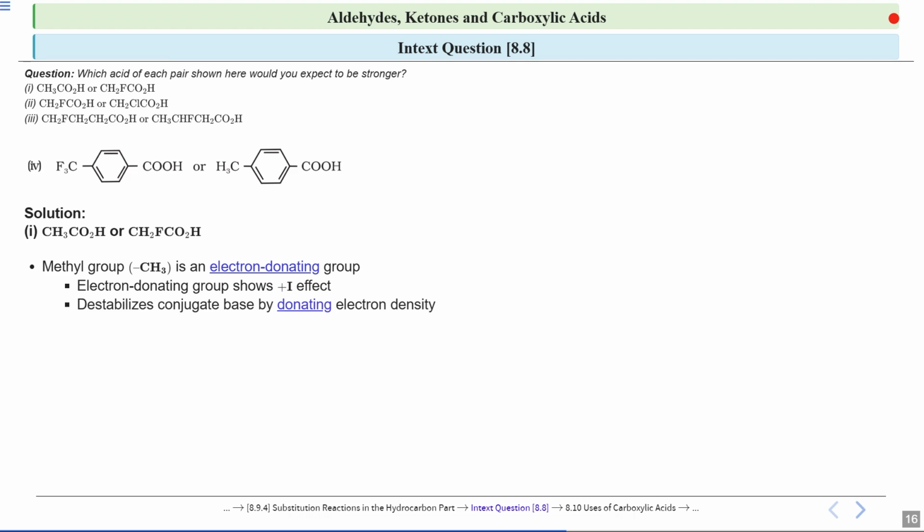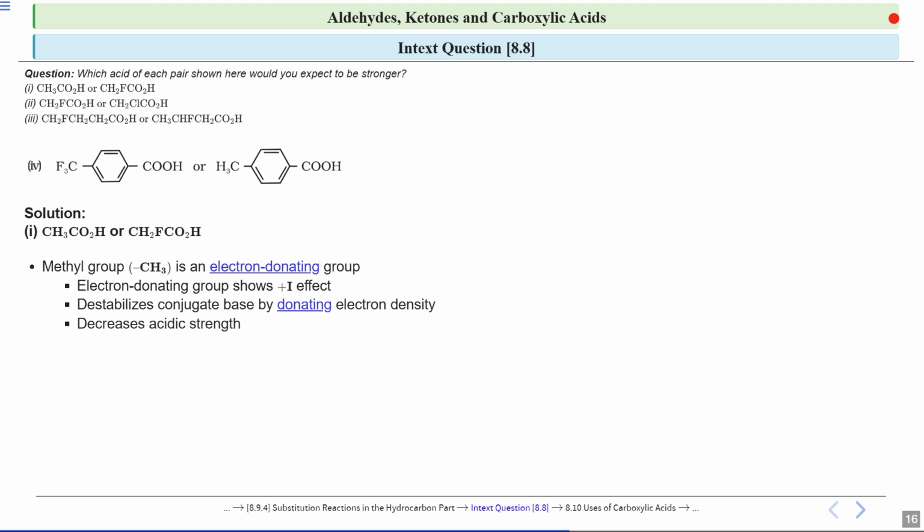So because of the methyl group that donates electrons, it actually destabilizes the conjugate base. Okay, and how is a conjugate base formed? When an acid loses a proton, we get a conjugate base. So this methyl group destabilizes the conjugate base, and this extra electron density makes the conjugate base less stable, which in turn makes the acid weaker.